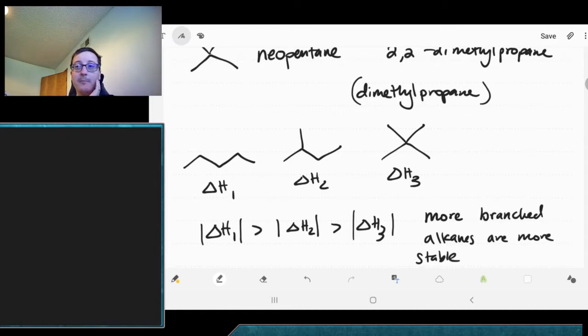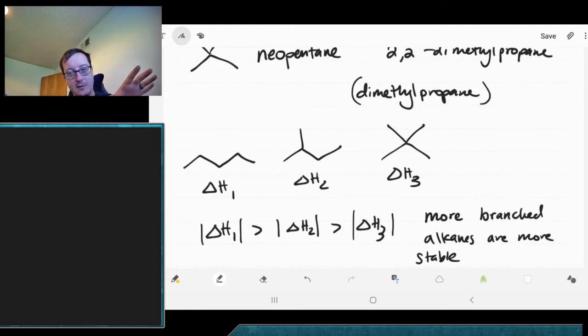These are minor amounts of energy, but still, this is why we would talk about these things. We would say pentane, isopentane, and neopentane. We would talk about their delta H's, and we would see that the neopentane has the lowest delta H, magnitude-wise, when we're comparing it after burning things.